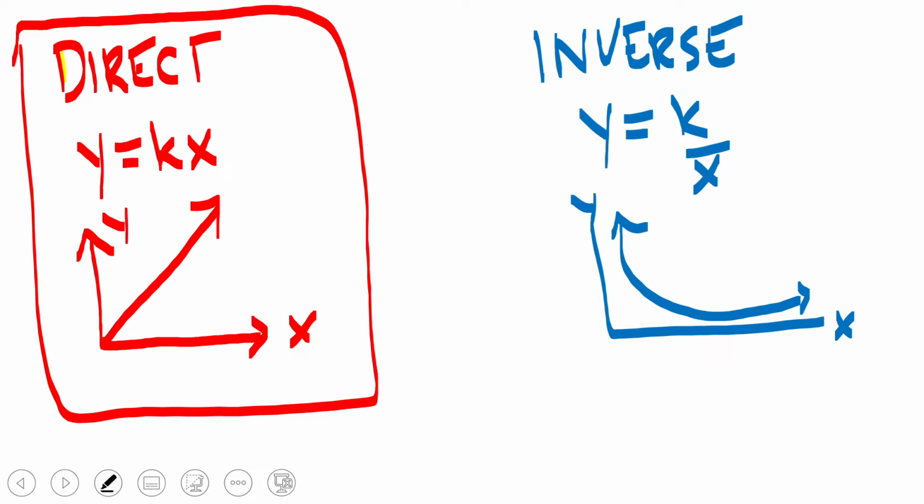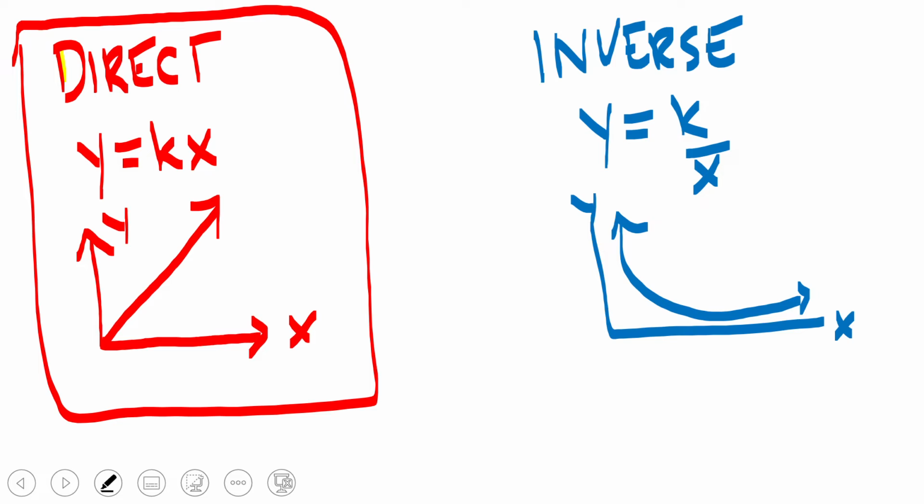Alright, think about what you know about fractions. If the x in the denominator becomes very large, the y will decrease with that large denominator. If the x in the denominator is very small, then the y increases.